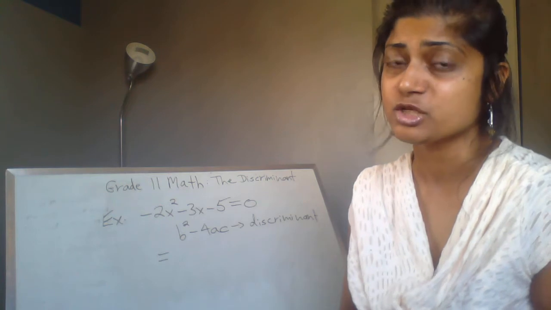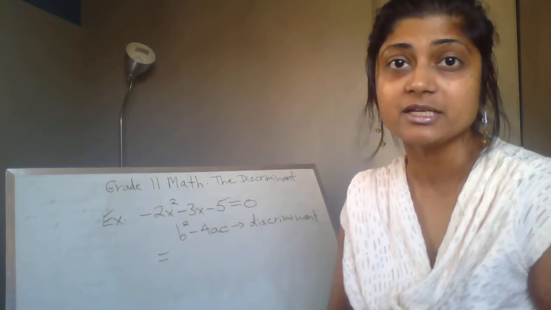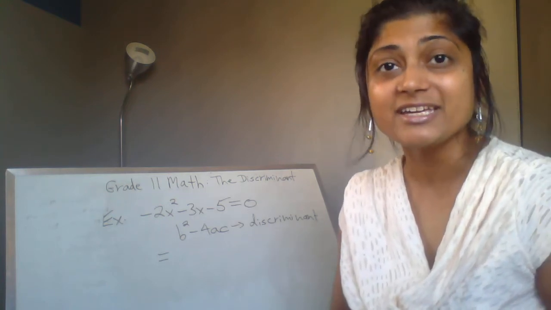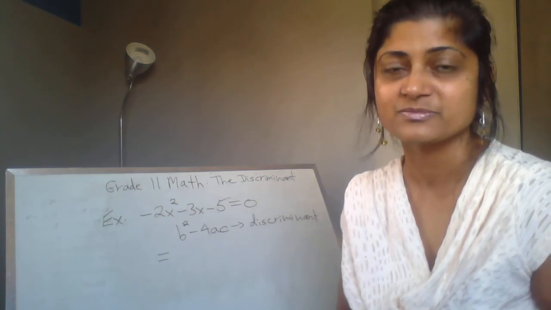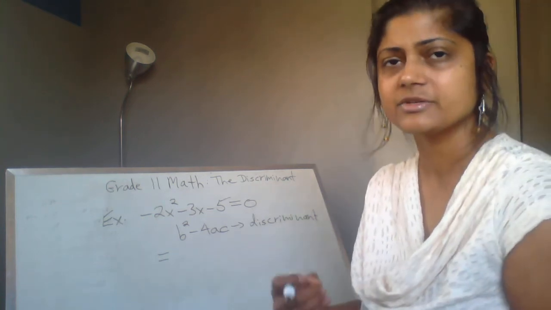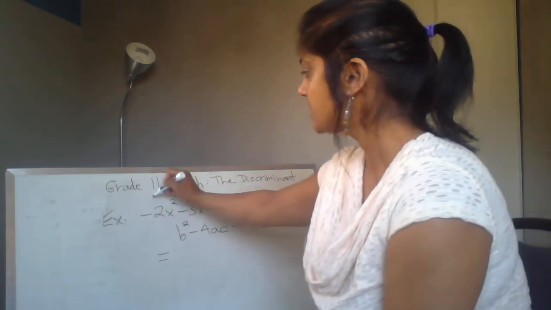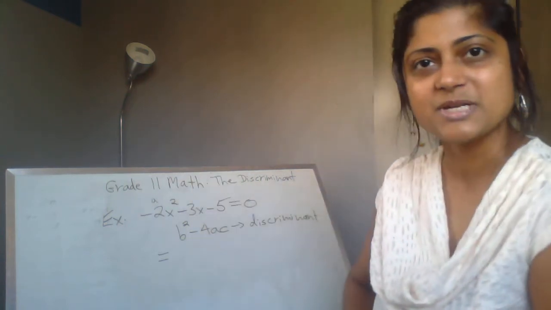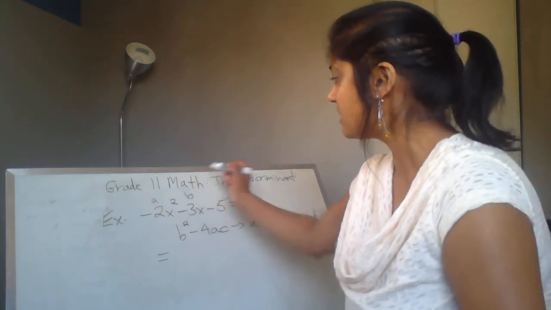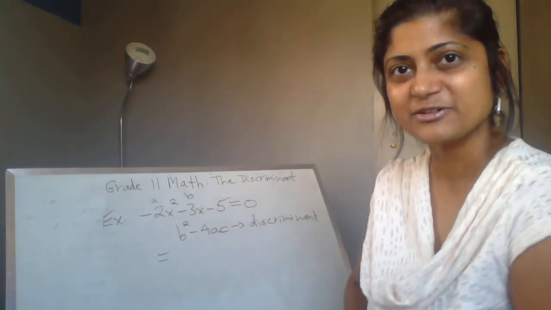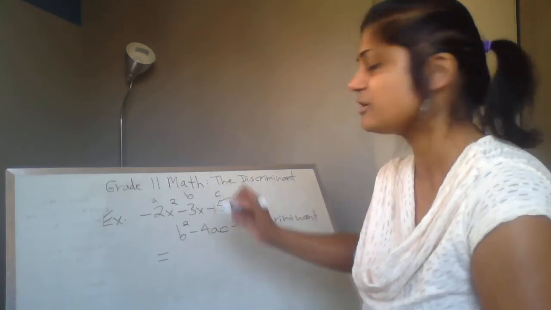So just like I mentioned, under the square root sign in the quadratic equation, if I get a negative answer, that means there isn't going to be any solution. Okay, so this is just going kind of a step further. So this negative 2 is basically the value of a, okay? The middle term is the value of b, all right? And this last term is the value of c.